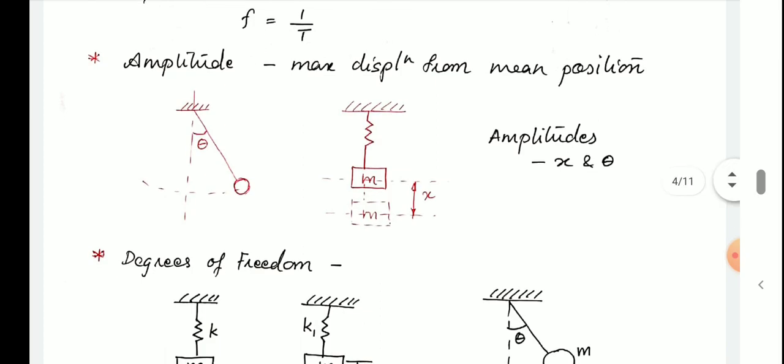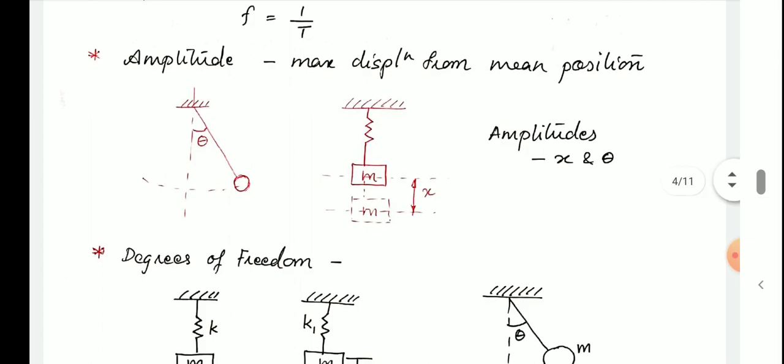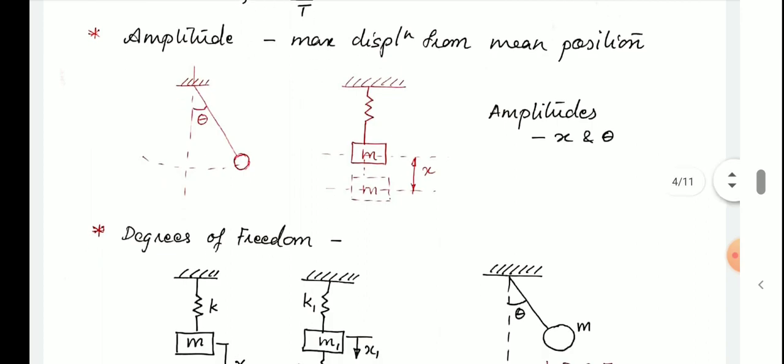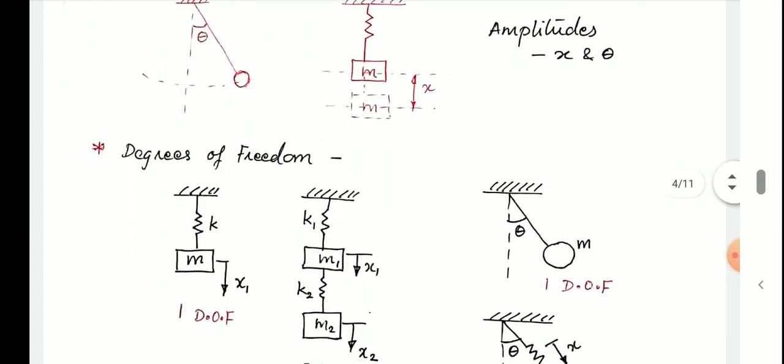That is a rotational case. Now if we consider a linear, translational case of a spring and mass system, the mass is hanging from a spring from a roof. Due to the weight of the mass, it will have an initial displacement of x, and that x is also the amplitude of that vibration.